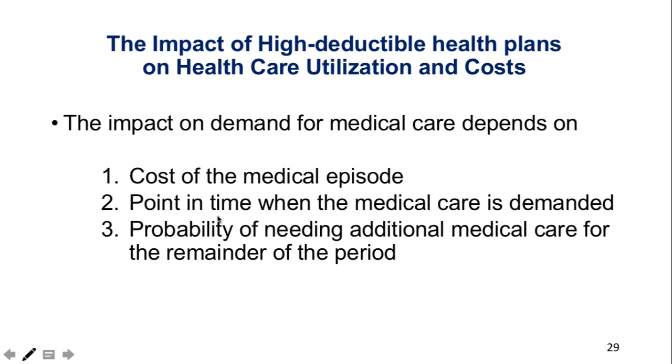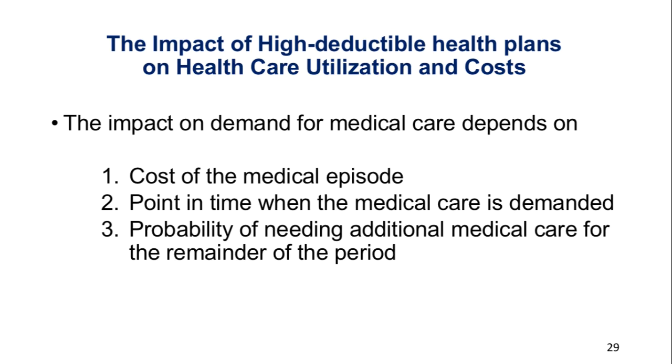The point in time is very important, because if it's December and you have to pay every calendar year, you have to pay a $2,000 deductible, and only after that can you use your medical insurance. If your medical issue is not really an emergency, you can wait.